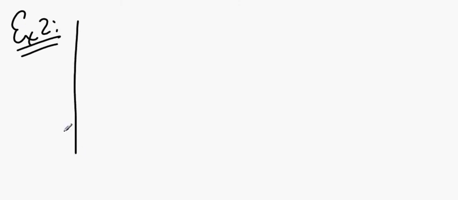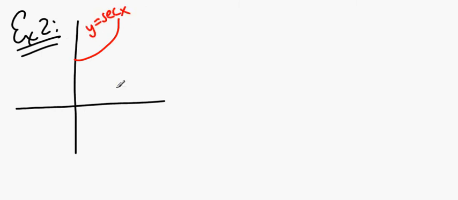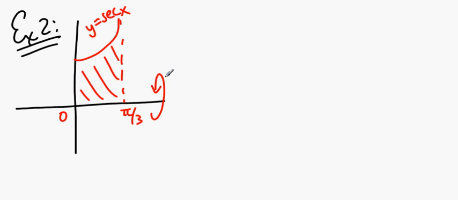Okay, let's get a little triggy with it. This is secant x, and it's secant x from 0 to pi over 3. This is the region in question, and I want to revolve it about the x-axis.